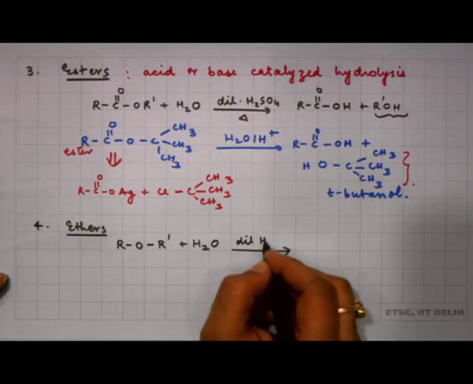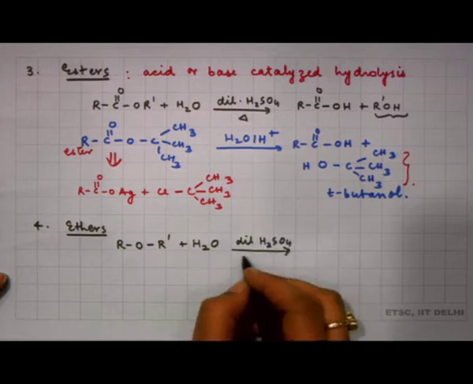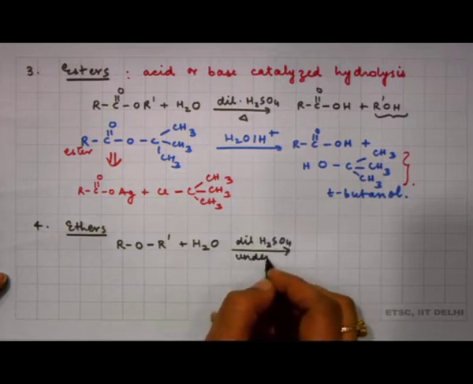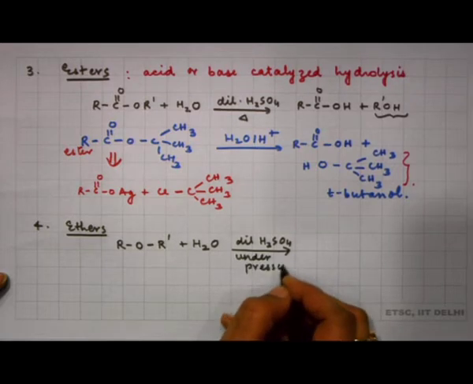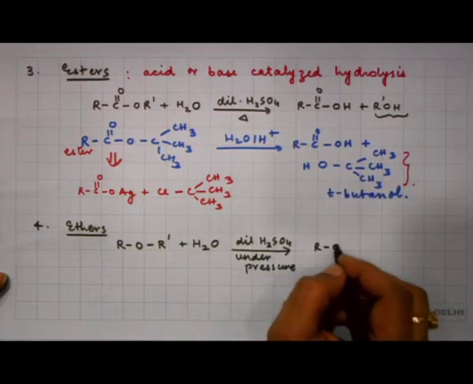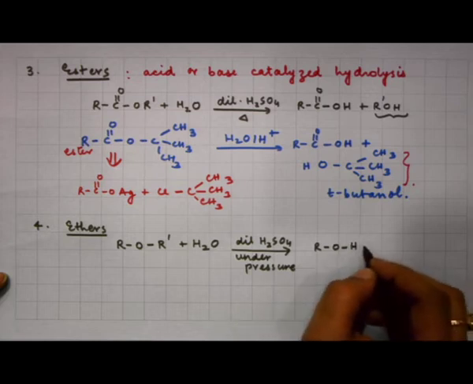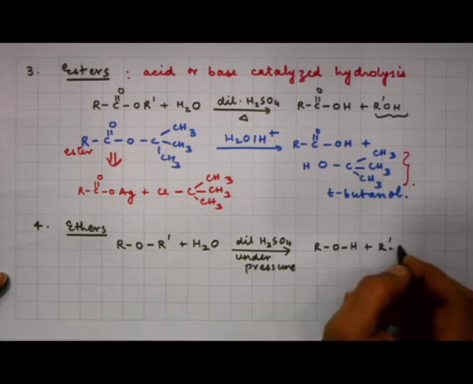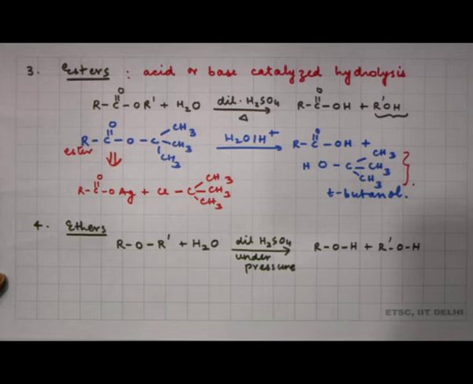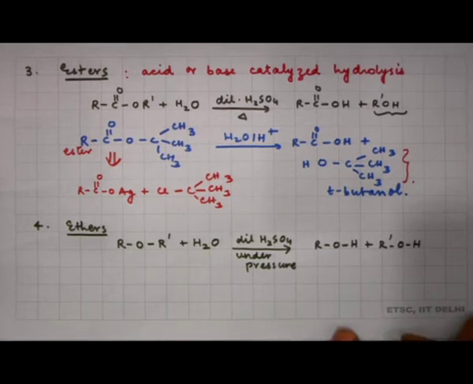Again it is acid catalyzed, in the presence of dilute H2SO4 under pressure. So, when we do this, we are able to split this ether into the corresponding two alcohols. So, these are some of the other starting substrates which can be used for making alcohols other than olefins.